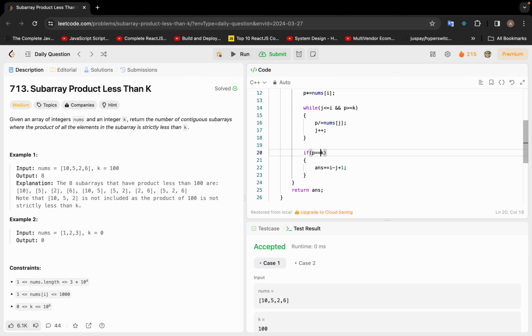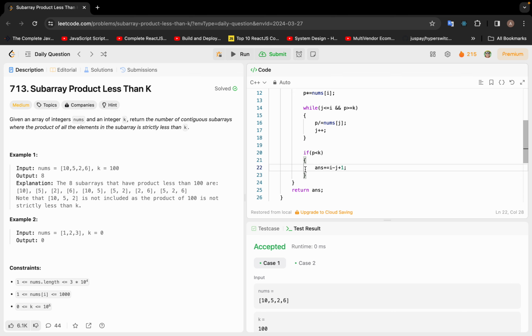If you see p is equal to k, then you don't need to take i minus j plus 1, you just do answer plus plus, right. Because for less than k, all the previous subarrays can be the answer, but for equal to k, only one subarray can be the answer. So that's the change you need to make for the equals condition. Otherwise it is this i minus j plus 1, right.